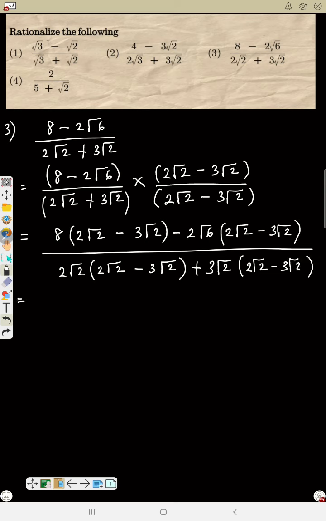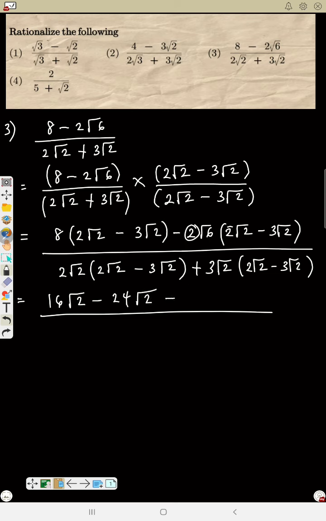Now expand. So this will be 8 times 2, 16 root 2, minus 8 times 3, 24 root 2.